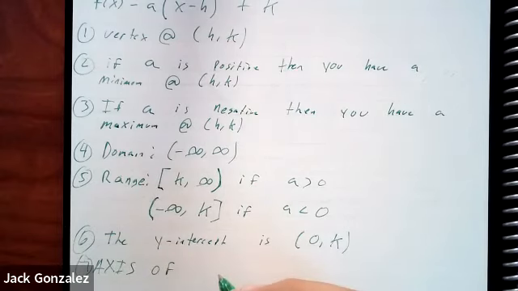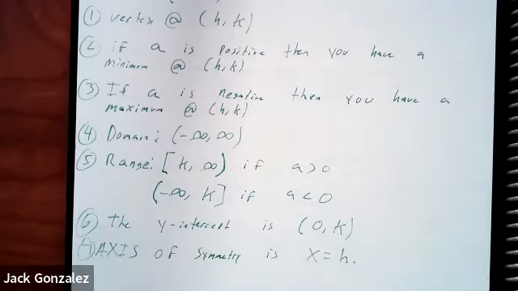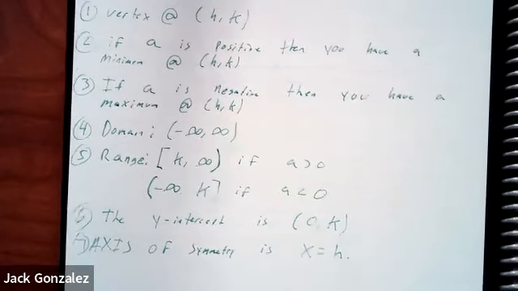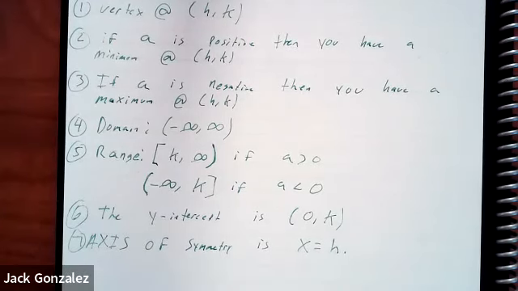Axis of symmetry is x equals h. What about the x-intercept? You gotta solve for it. So wouldn't that be step 7 first, or no? There's no easy way to get them. All the information you can get by just looking at the equation is 1 through 7. Okay.